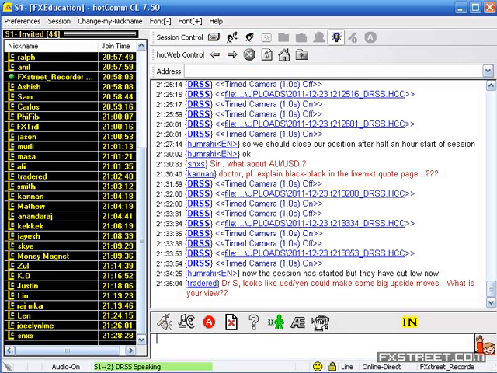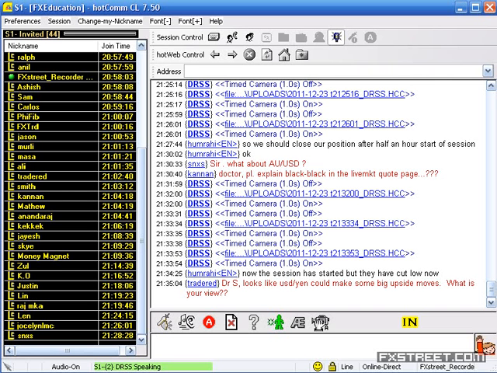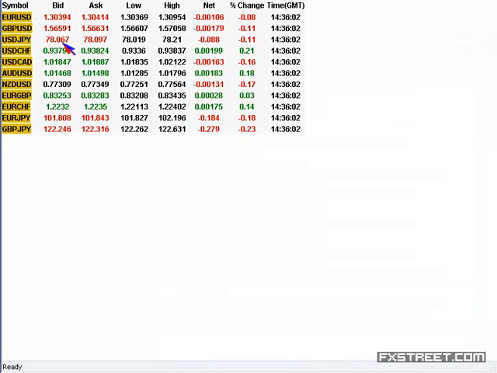Now I'll come to the questions asked in this particular session. USDJPY looks like it could make a big move up along with GBPJPY. Yes, USDJPY is consolidating here around the 78 area now.